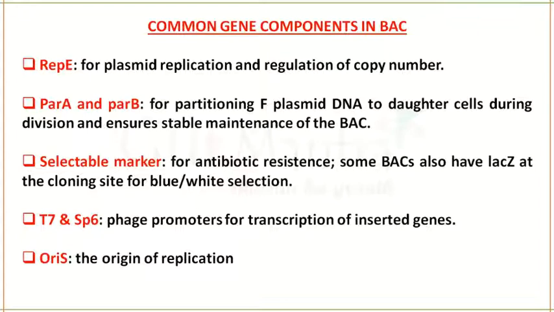Rep means replication. RepE is responsible for the replication of the plasmid and regulation of copy number. You know what copy number is, right? Next are the parA and parB genes, also present in BAC.